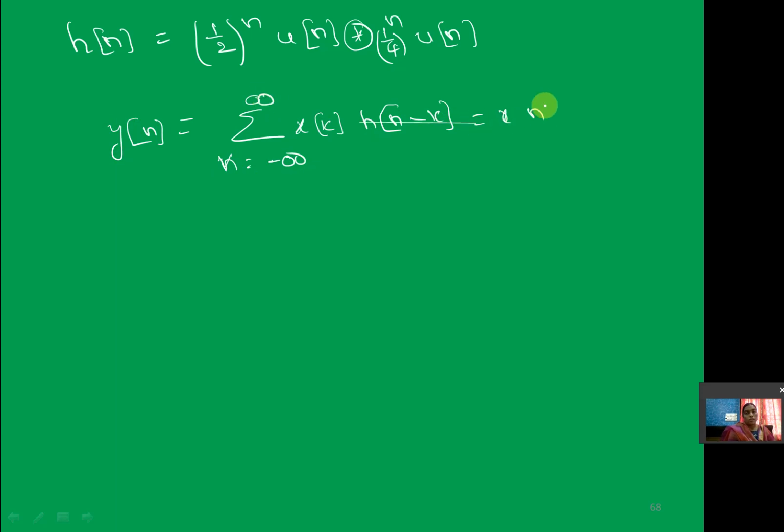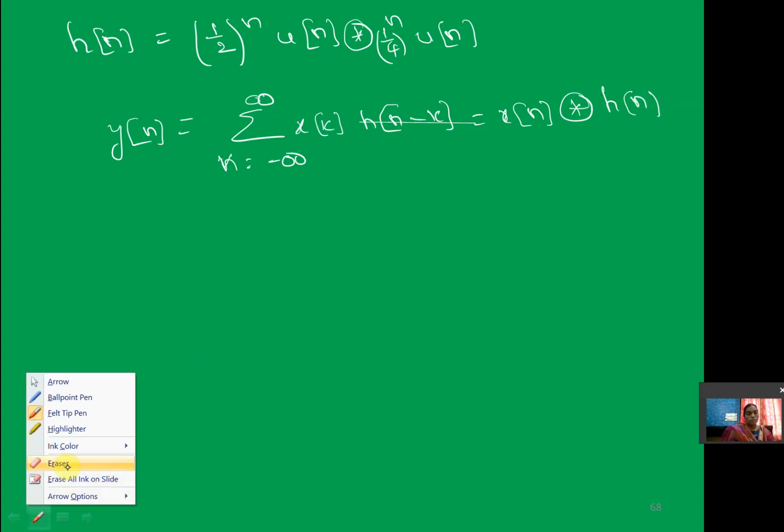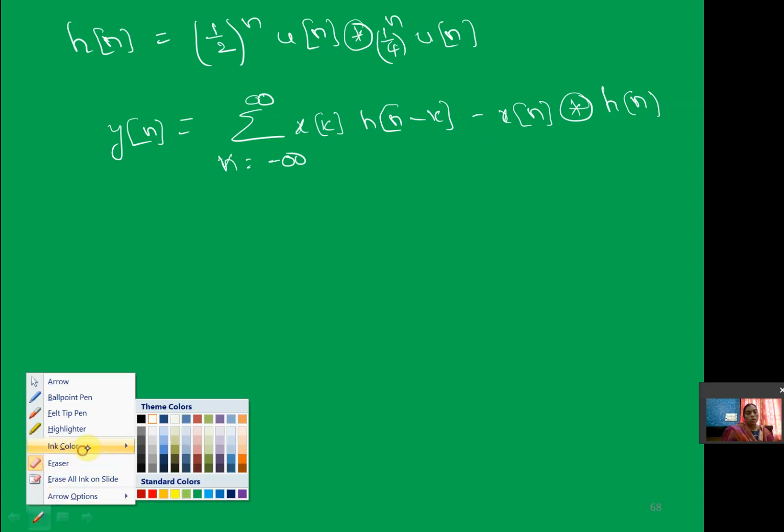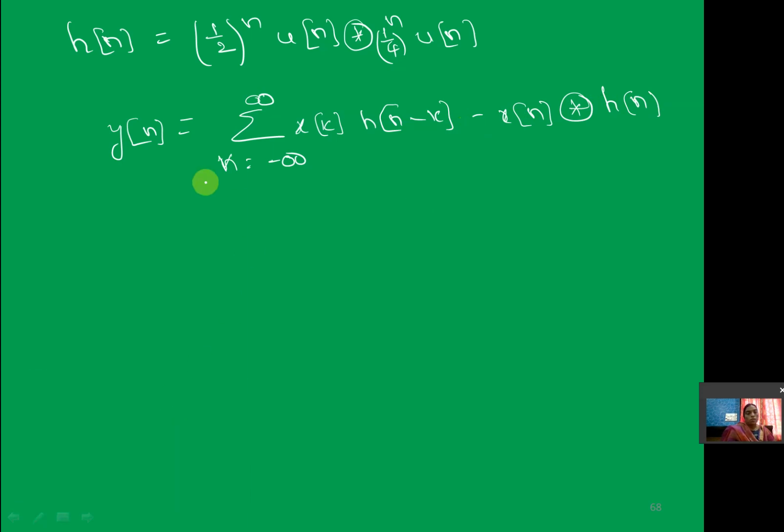You know this definition. Now here we need h of n, that is h1 of n convolved with h2 of n.